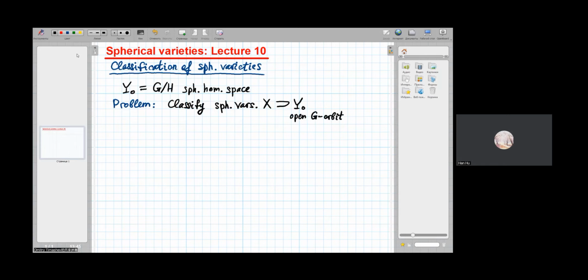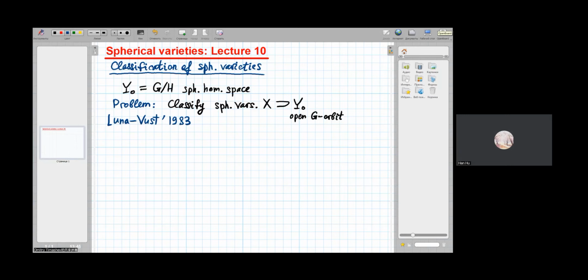And let me say that the solution to this problem was obtained in a seminal paper of Luna and Vust first, of 1983. Do we need the variety X to be projective? No, no. Well, we assume normality. As I said sometimes before, we consider only normal spherical varieties.